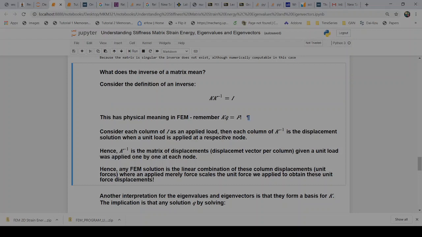So if I wanted to compute Q from K inverse equals I, KQ equals F was the system. I could then say Q is equal to K inverse times F. And K inverse is the solutions if I were to apply unit loads to the nodes. The F here would now have, let's say, a 5 and a 10 and a 15 on some places where I wanted to multiply something.